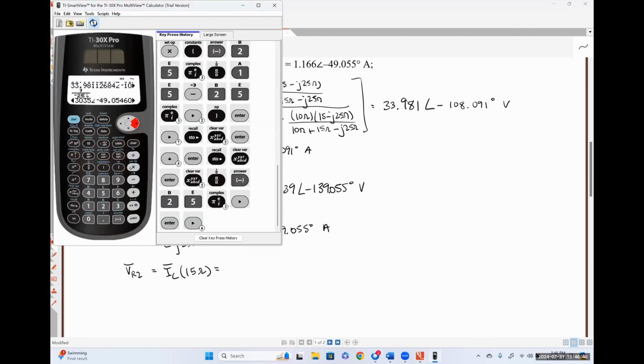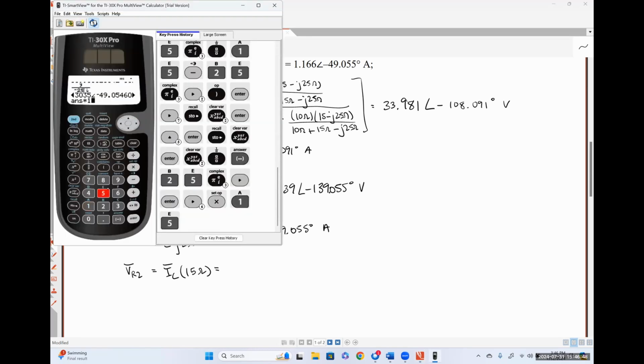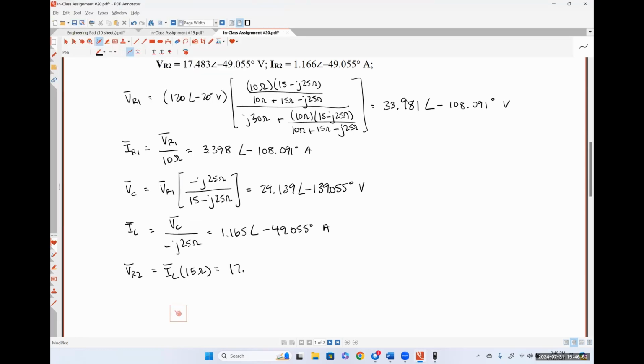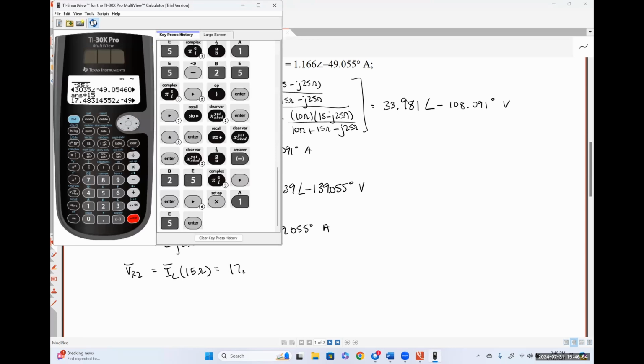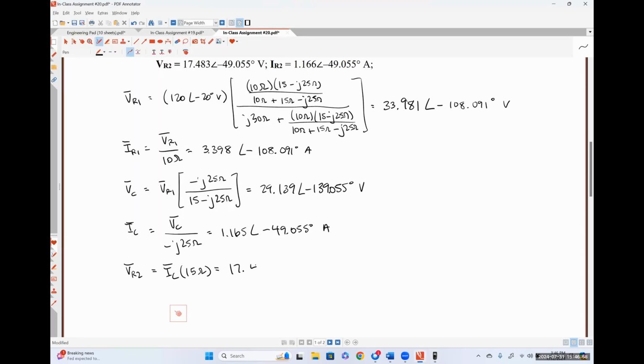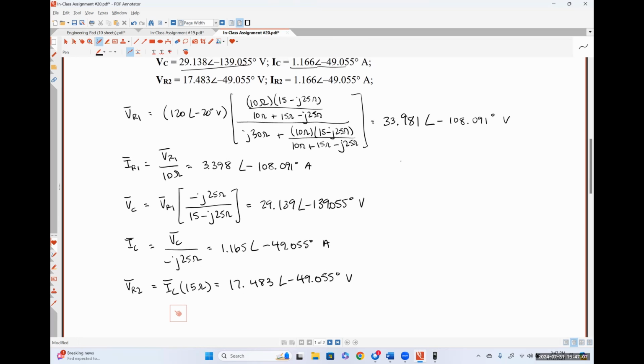So if I just multiply this by 15, I get 17.483 angle negative 49.055 degrees volts. Seems to be legit.